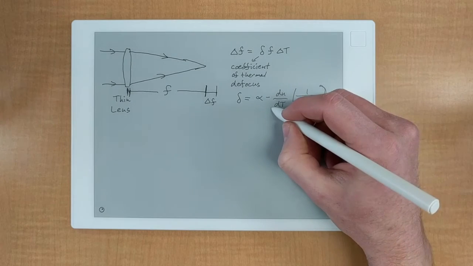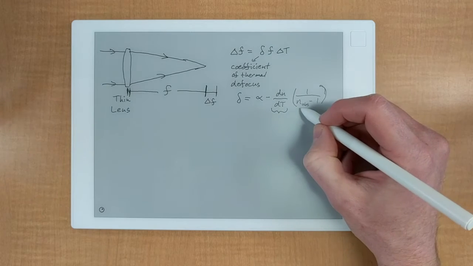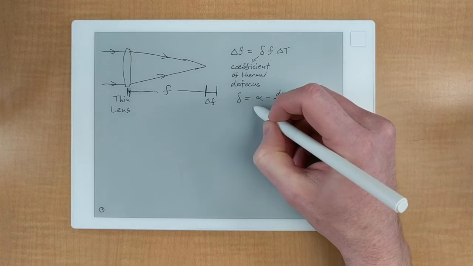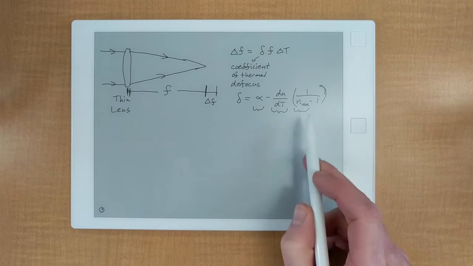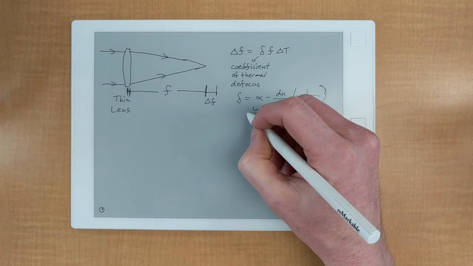So your dN dT, your n, and your alpha are all material properties.